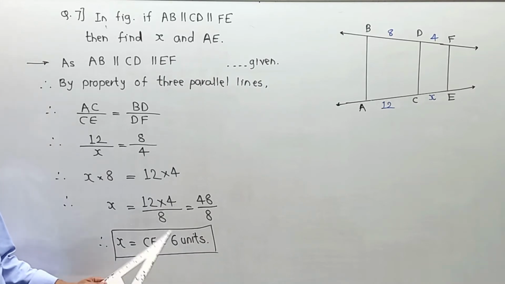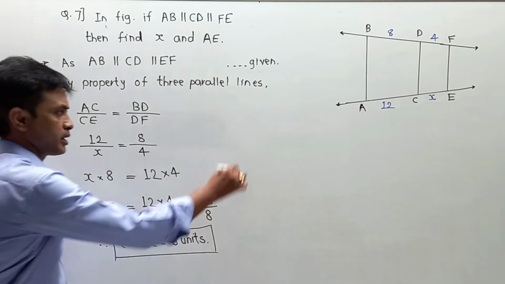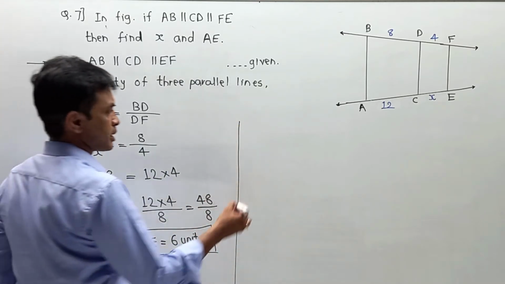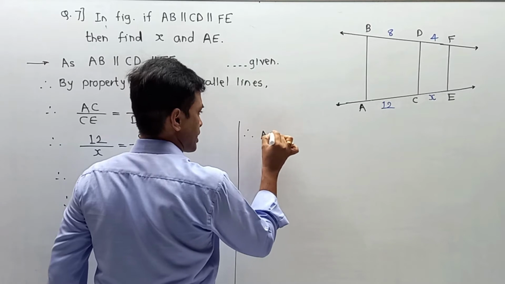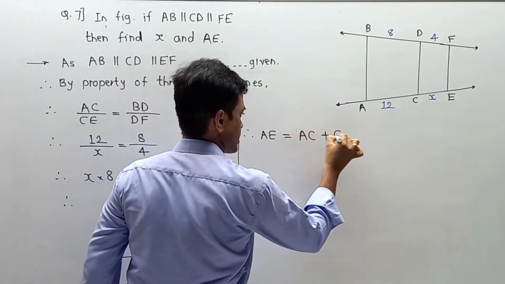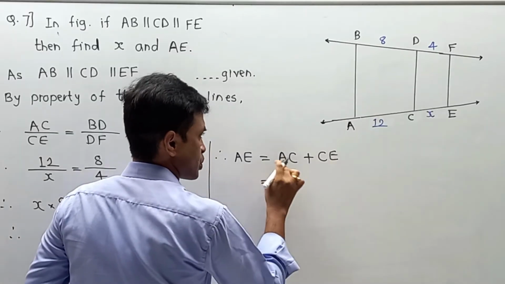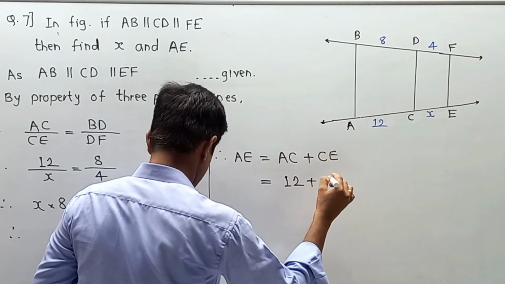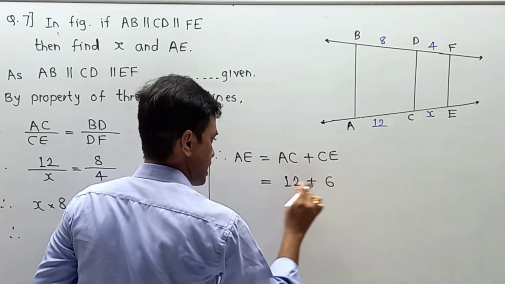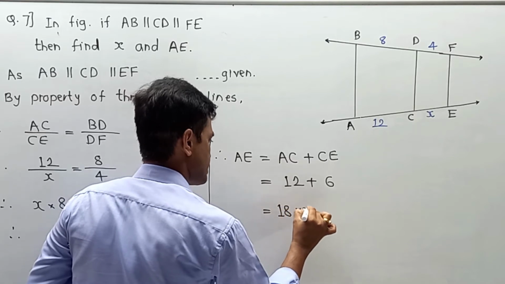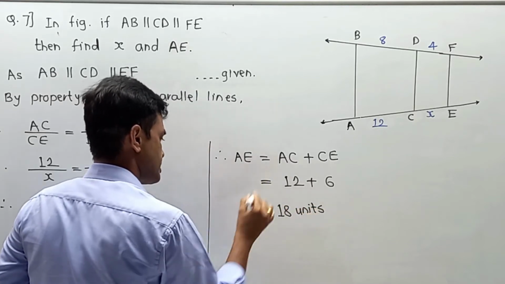In addition to this, they have also asked to find the value of AE. So it's a secondary part that I am going to solve over here. Therefore AE is equal to AC plus CE. AC is 12 and CE we recently calculated as 6, and 12 plus 6 becomes 18 units, and that is AE.